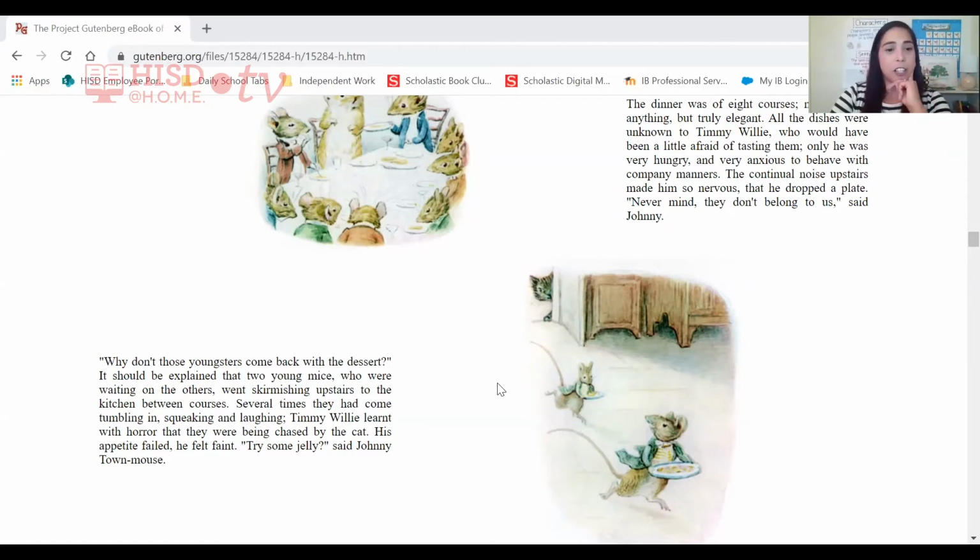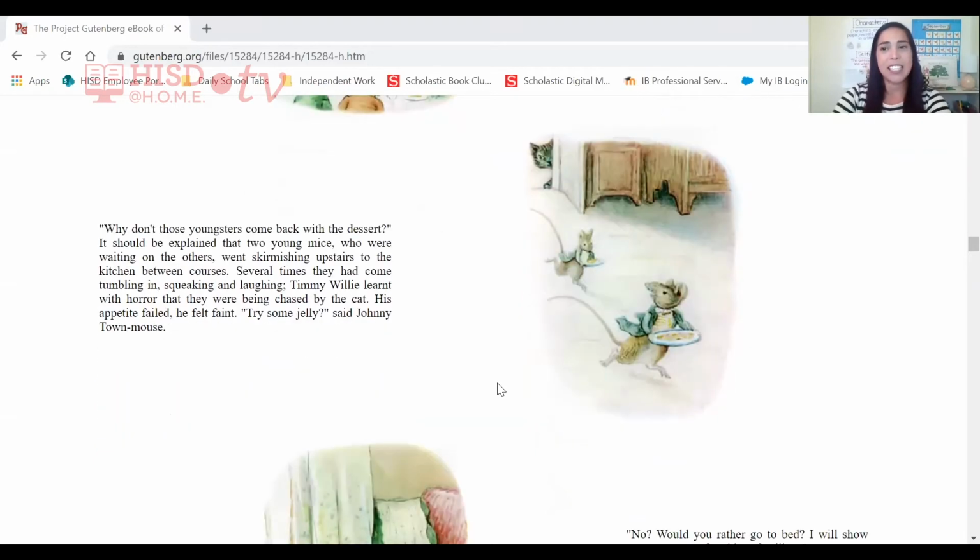The author's clues said that they were being chased in, and he used words like horror, trembling and laughing. And he's a little nervous about it. But Johnny is like, here, try some jelly, trying to keep his mind off of it. So boys and girls, I'm using those inferences. You are using those inferences with me to figure this story out and a little bit more about Timmy Willy.